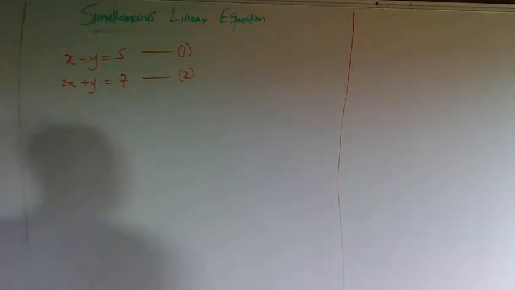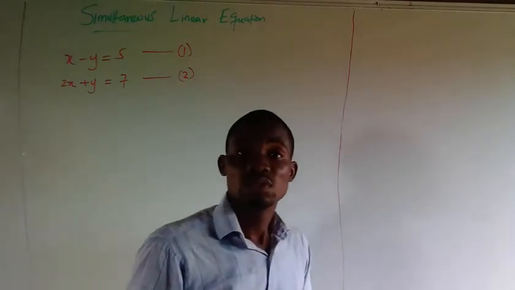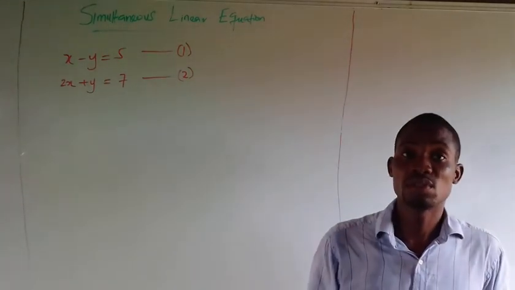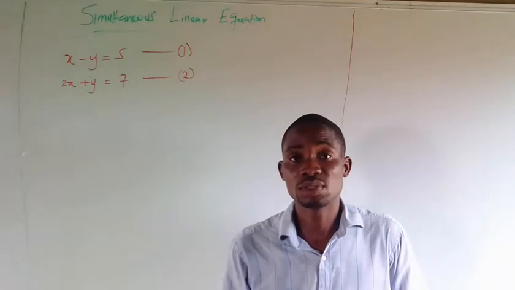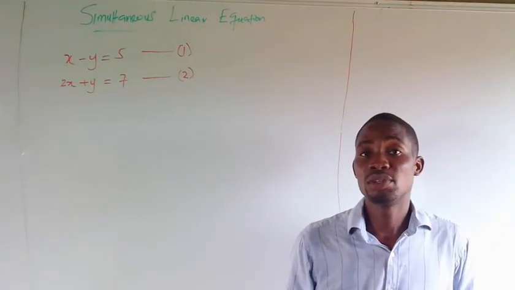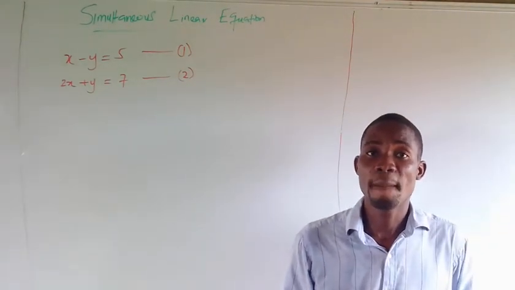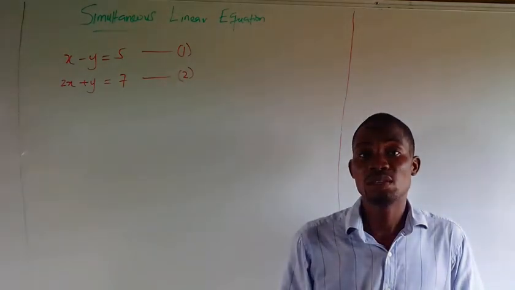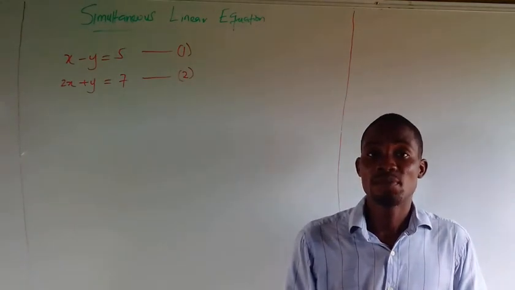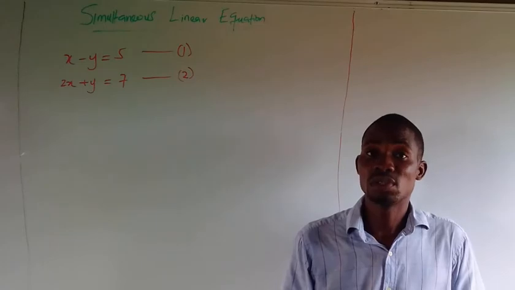In simultaneous equations, we have two basic ways of answering questions: the elimination method and the substitution method. For this class, I'll be looking at the elimination method, and for the next class, we'll be looking at the substitution method.